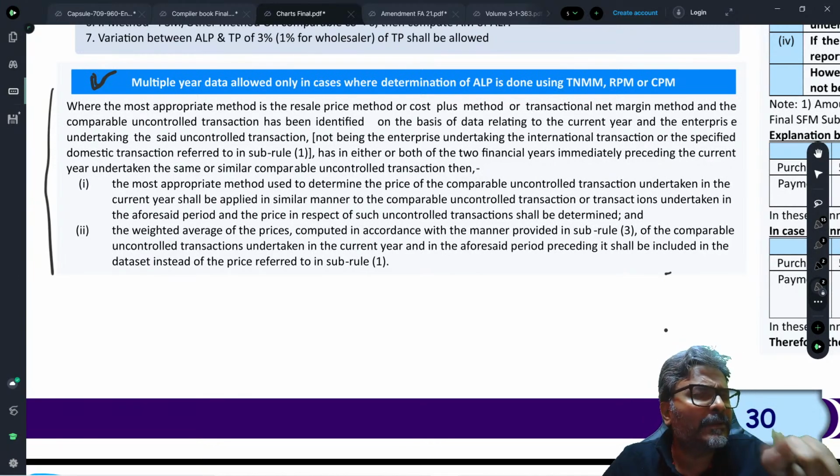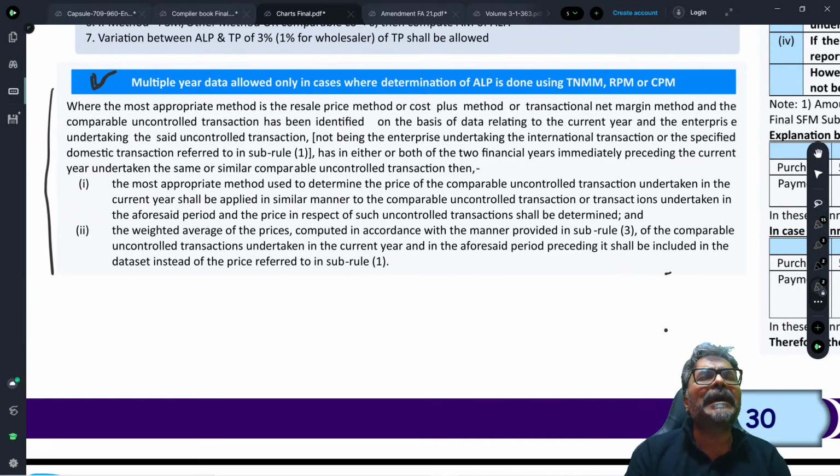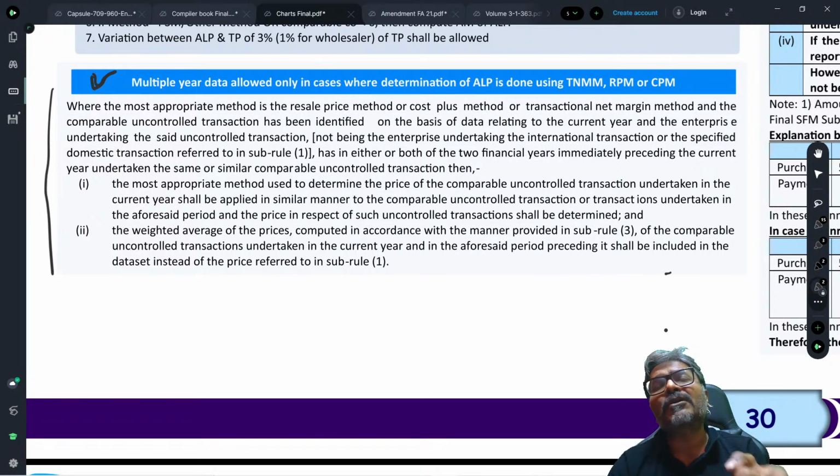Why is this concept not applicable to the comparable uncontrolled price method? Why is it that in the comparable uncontrolled price method, this weighted average or multi-year data concept is not made applicable? What is the reason? The reason is very clear. Comparable uncontrolled price does not talk about the margin.